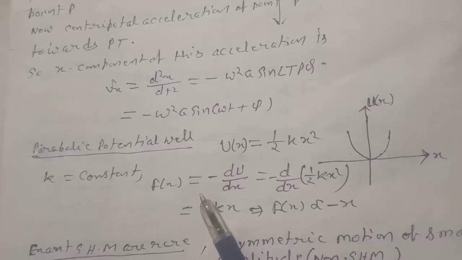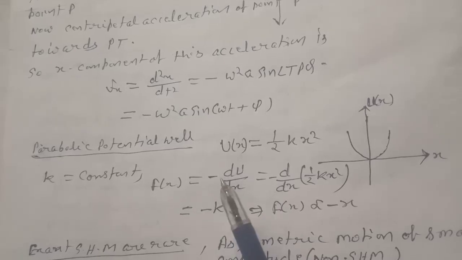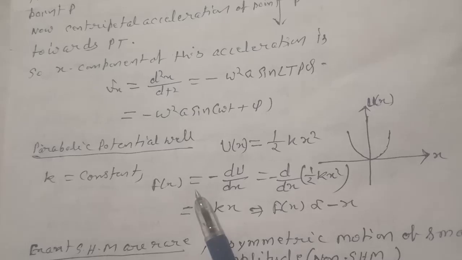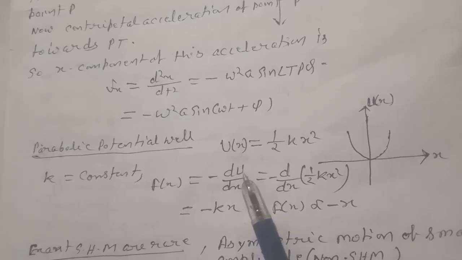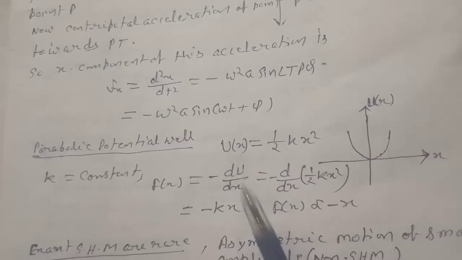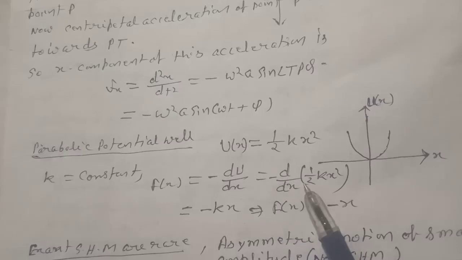We know that the potential energy is a function of position whose negative derivative gives the force. So we have force Fx equal to minus dU by dx, that is the negative derivative of potential energy, or minus d by dx of half kx square, which equals minus kx.